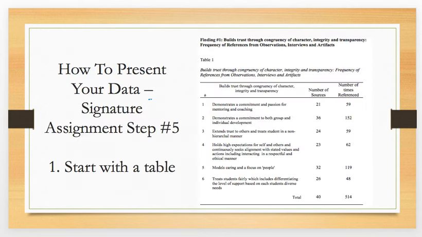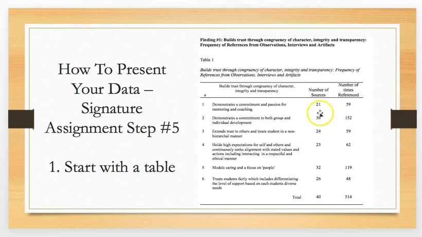Okay. So this is literally out of Dr. Flores's dissertation. She launches the presentation of data with a table of all the major themes. When she says this idea of building trust through congruency of character, which is the parent theme, she then went into child themes and came up with 6.